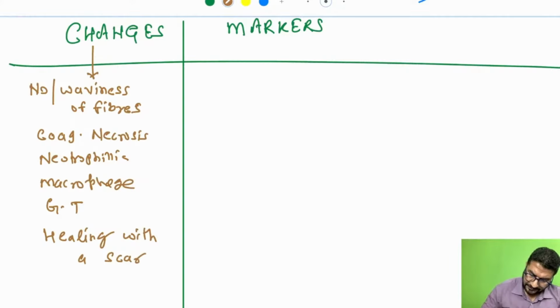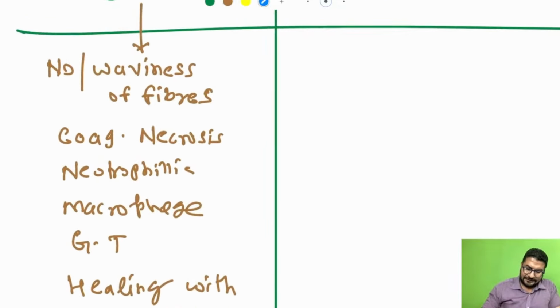Now you also have to remember the duration of all these. Understand this: waviness will occur in less than 24 hours, basically 0 to 4 hours.